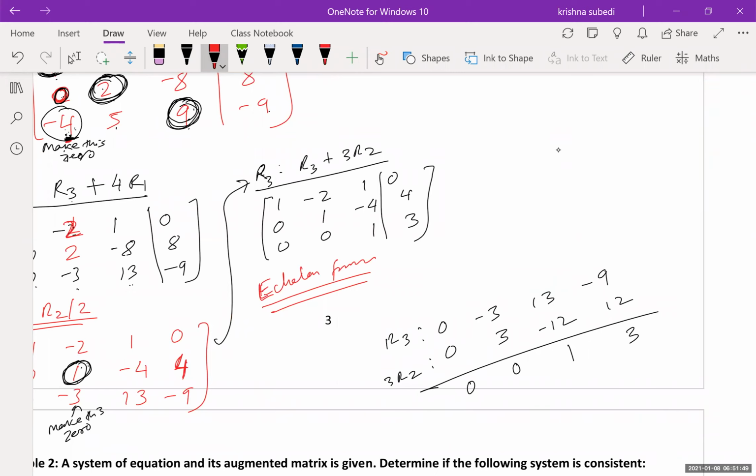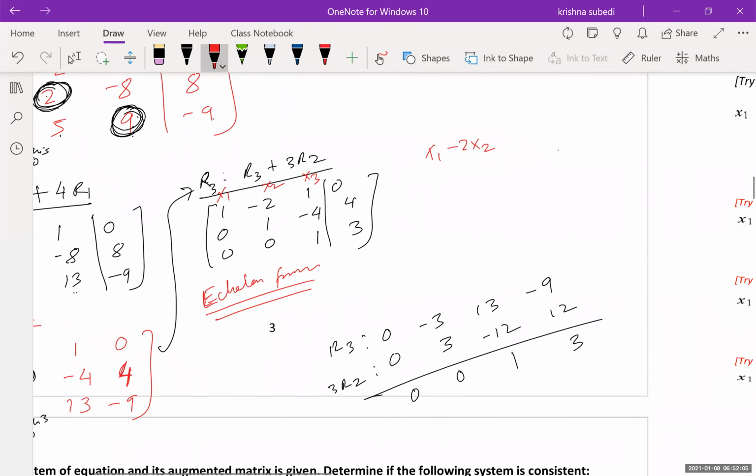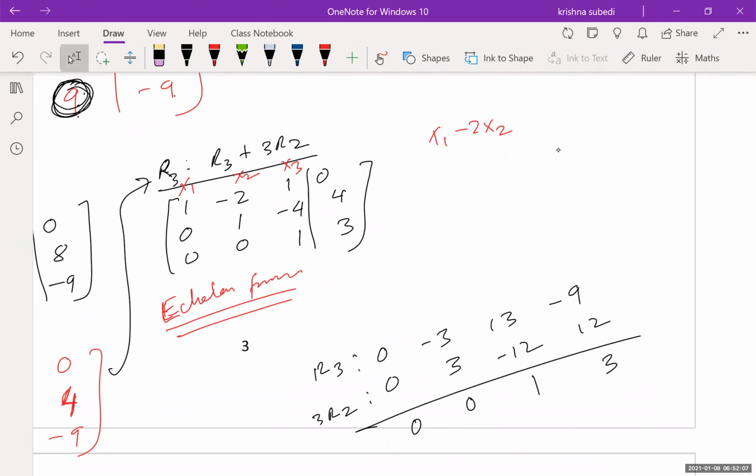Now, what it means is you can write this as x1 minus 2x2. Remember, this one is x1, x2, x3. There are 3 values. So you can rewrite this matrix as a system of equations.